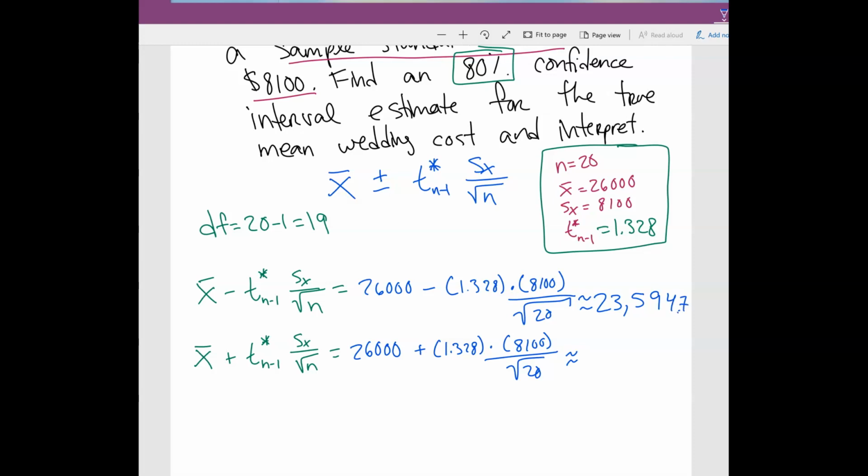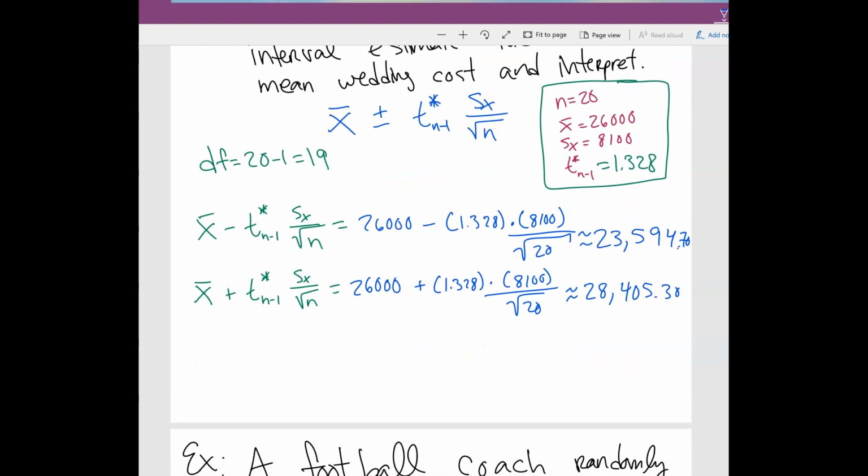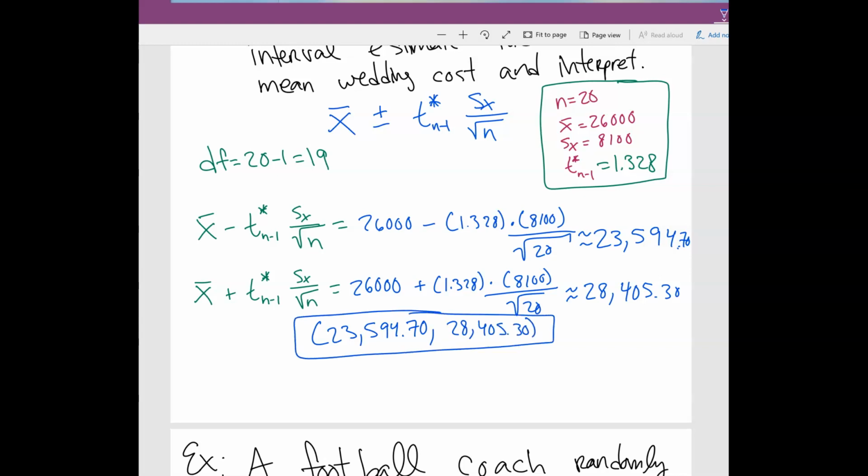And then the other one, I'm going to do the same thing, but now I'm going to change the minus to a plus. I'm going to get 28,405 with about 30 cents. Okay? So basically, my interval is going to be 23,594 with 70 cents and 28,405 with 30 cents. So this is my confidence interval estimate.